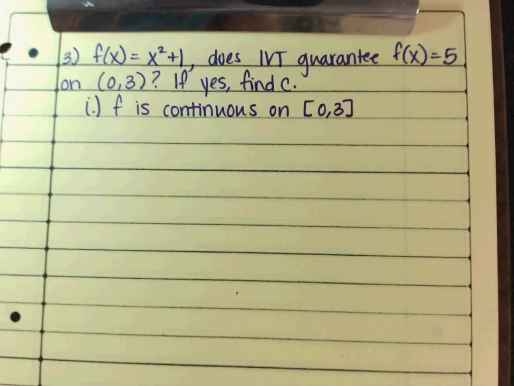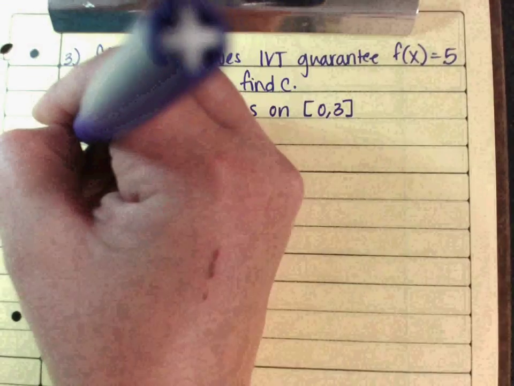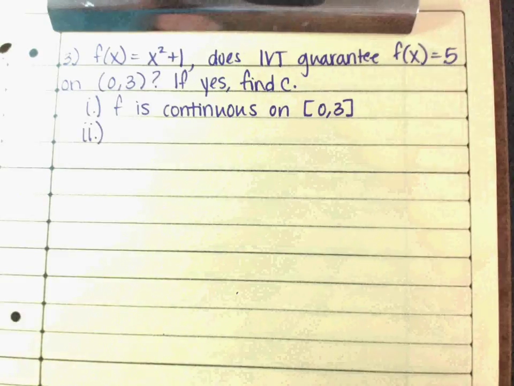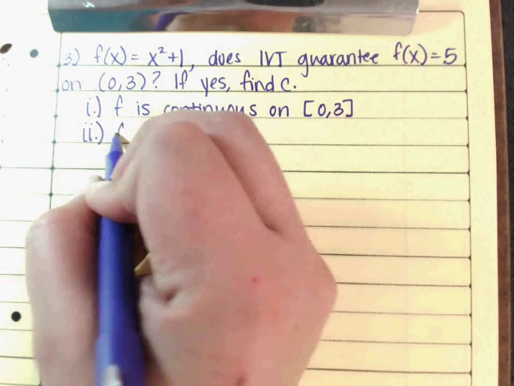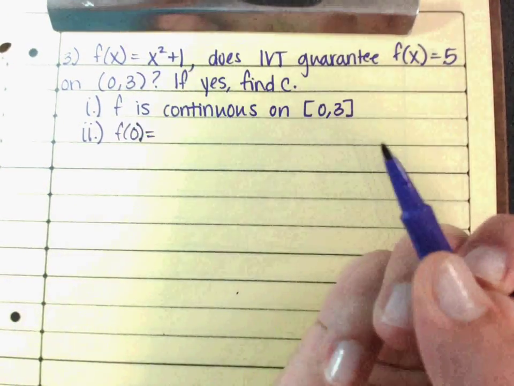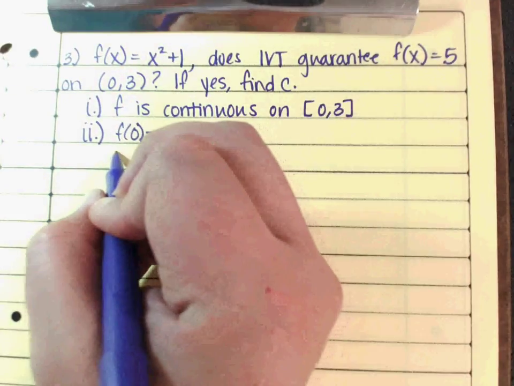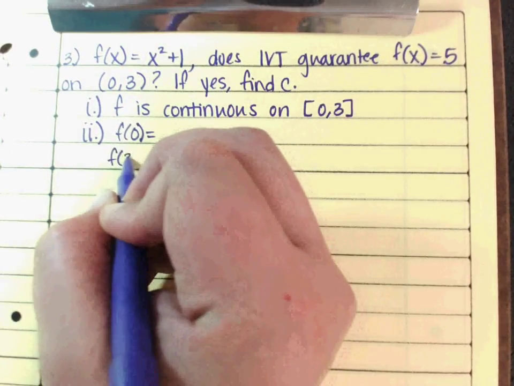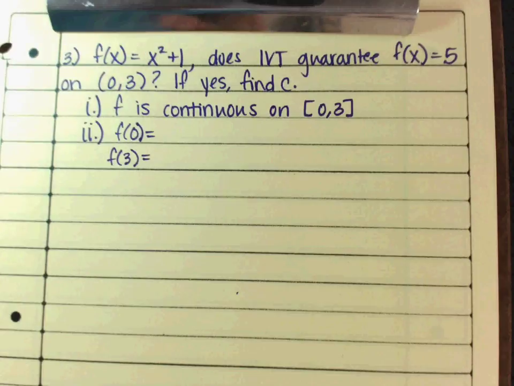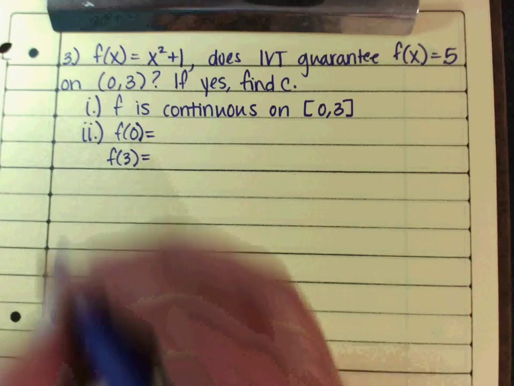But I can also put all real numbers, because it's a parabola. Okay, step number 2, what are we finding? Yep, f of 0 would be f of a. And what would my f of b be? F of 3. Okay, find both of those for me. And then I want you to write out your step 3. Look back at your notes if you need to, then write out your conclusion too.